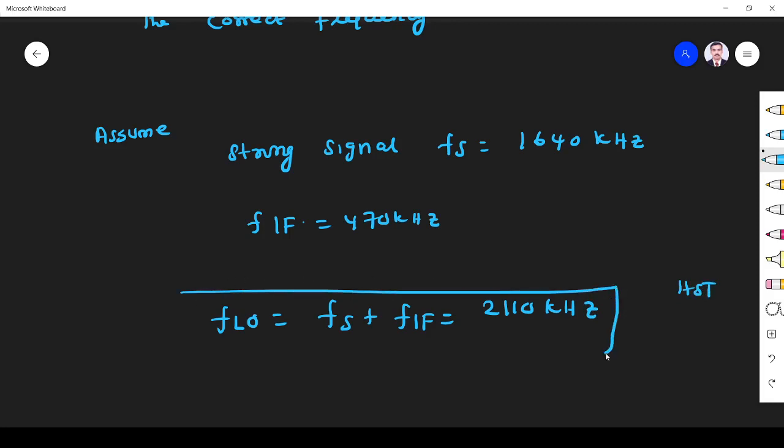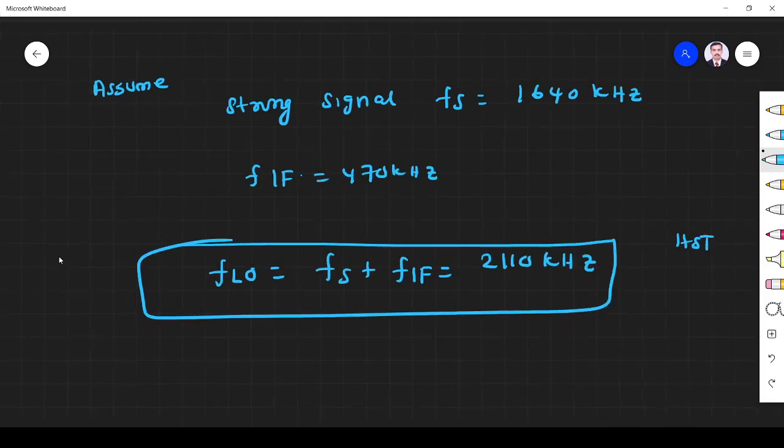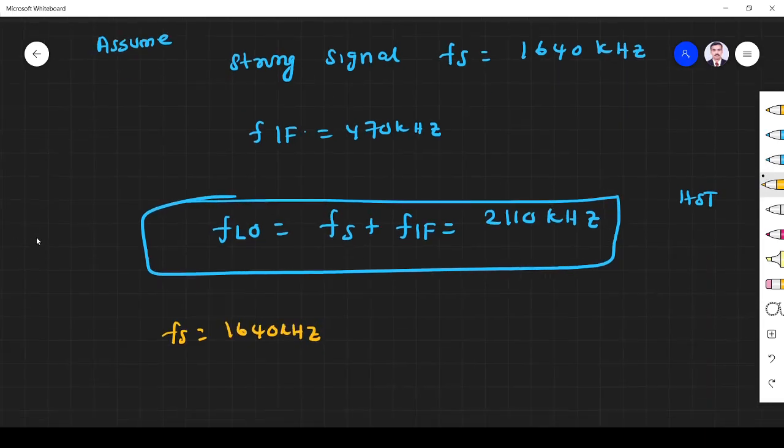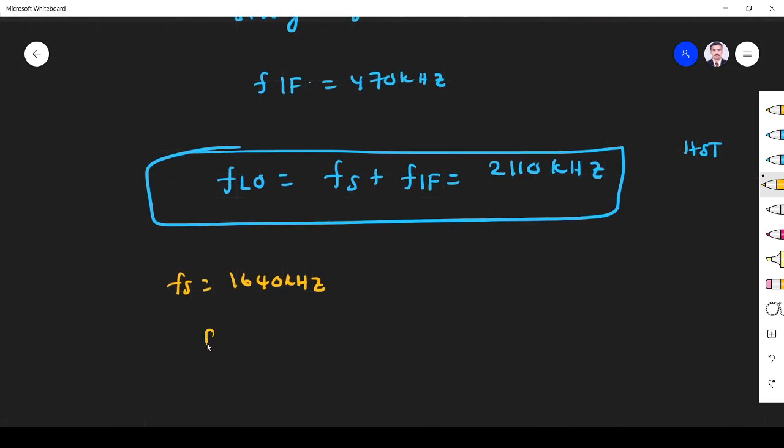Suppose for the same 1640 kilohertz station, I tune my local oscillator to 1170 kilohertz. What FIF do I get? Here Fs is greater than FLO, that is, the incoming frequency is greater than FLO, so FIF is the difference, Fs minus FLO.